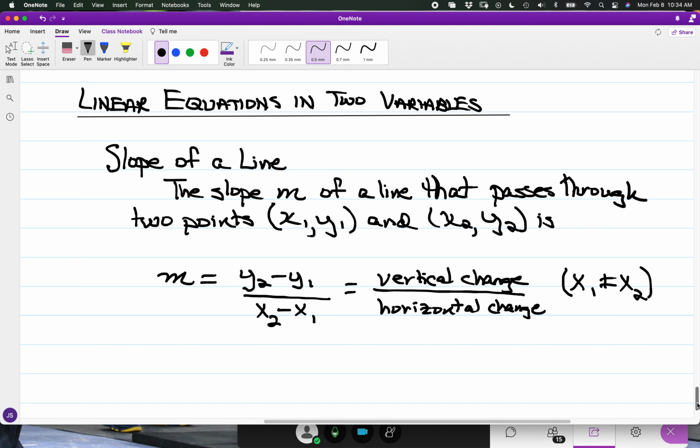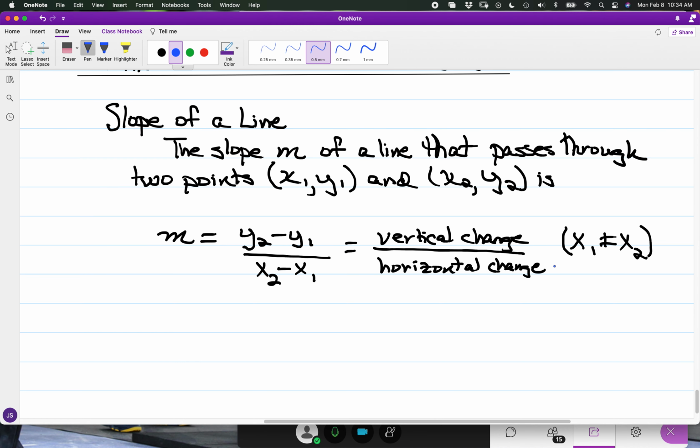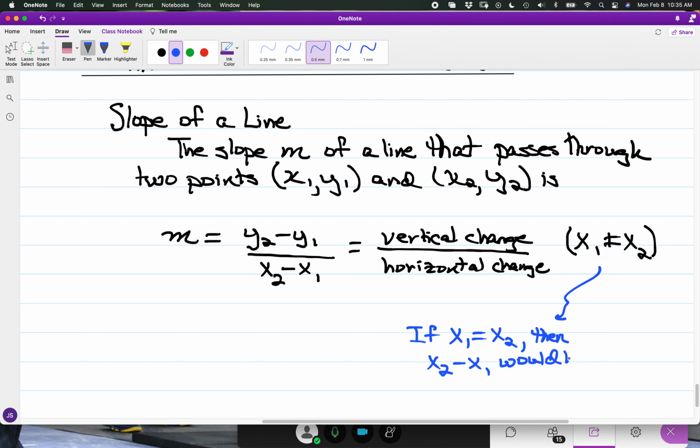And I'll just mention, if you have that x01 is equal to x02, then the difference that we have in the denominator setup, your difference would be 0.